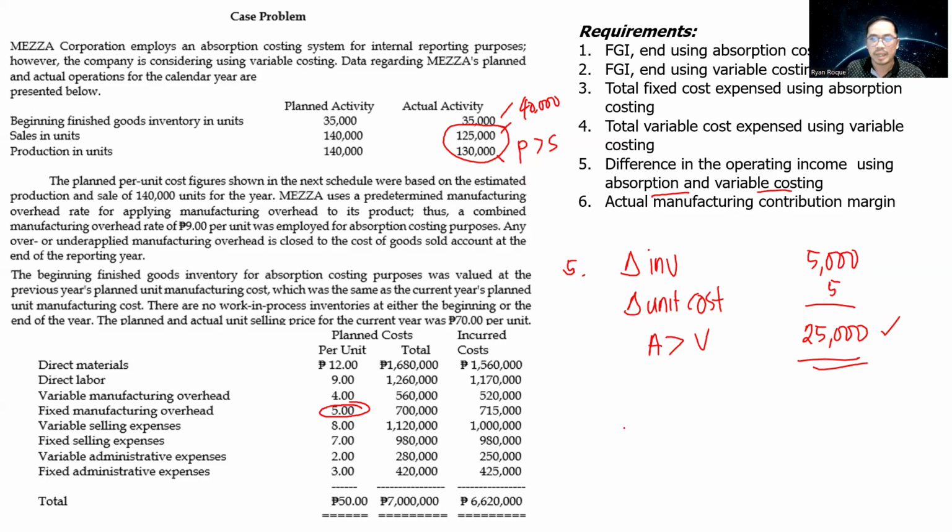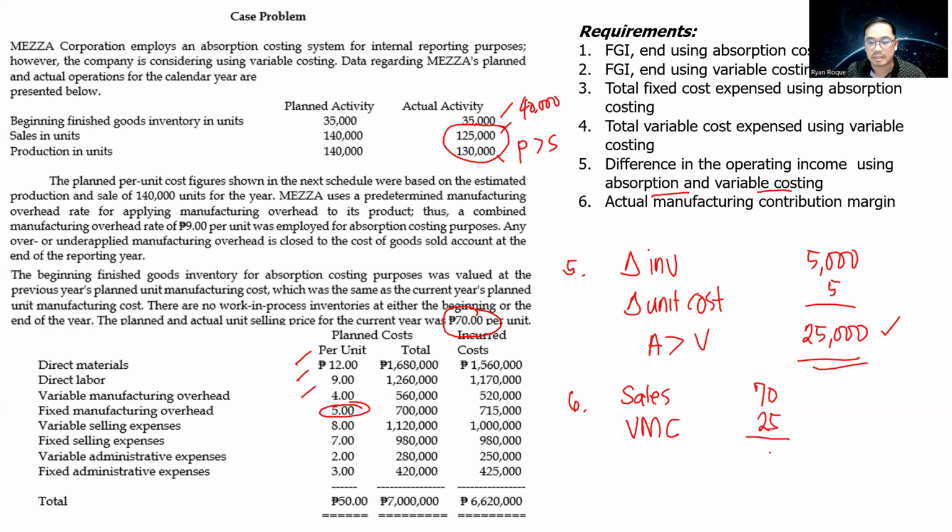And then lastly, we're asked for the actual manufacturing contribution margin. That would only be your sales less your variable manufacturing cost. Remember, your selling price is 70 per unit. And the variable manufacturing cost per unit is 12 plus 9 plus 4, 25.